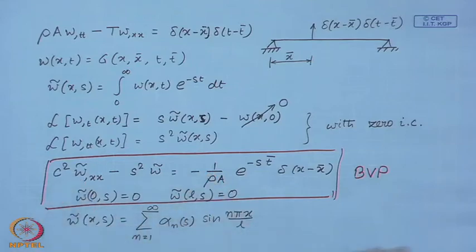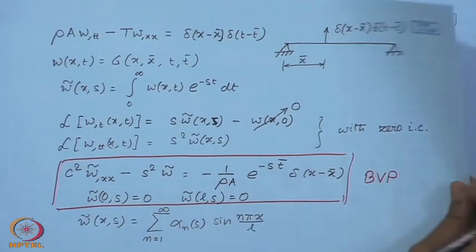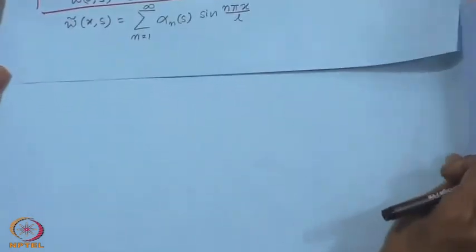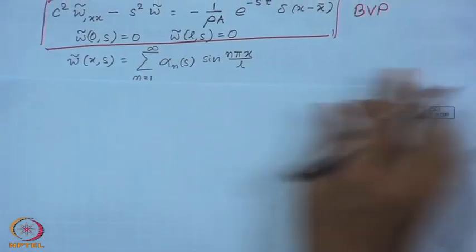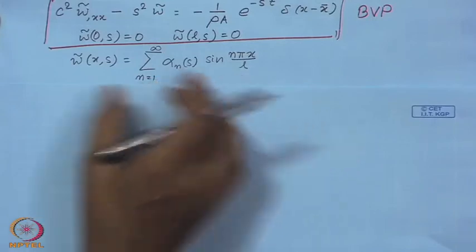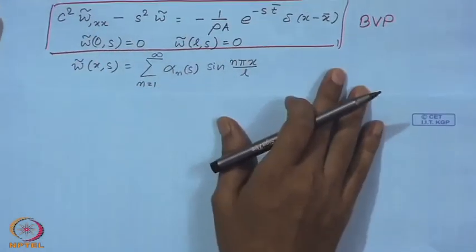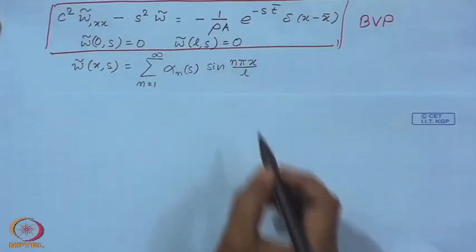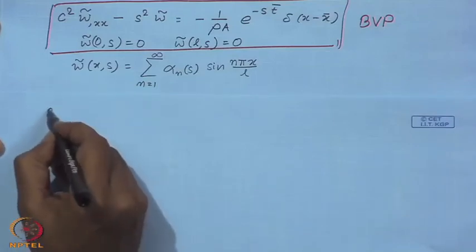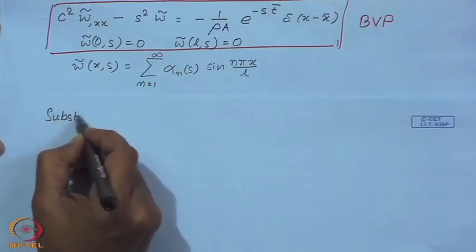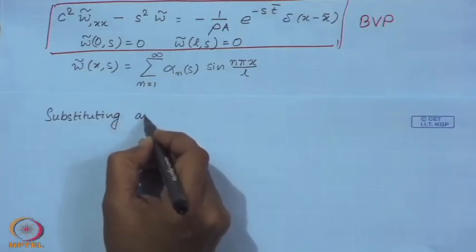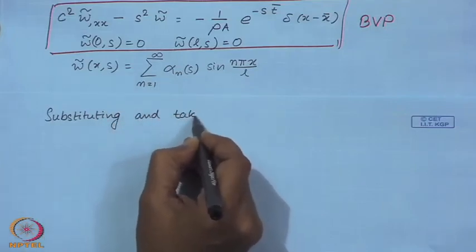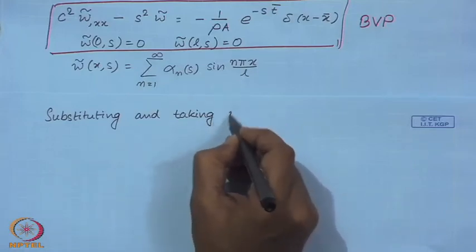So, substituting this in the boundary value problem, and when we rearrange, take the inner product on both sides with sin(n pi x over L).